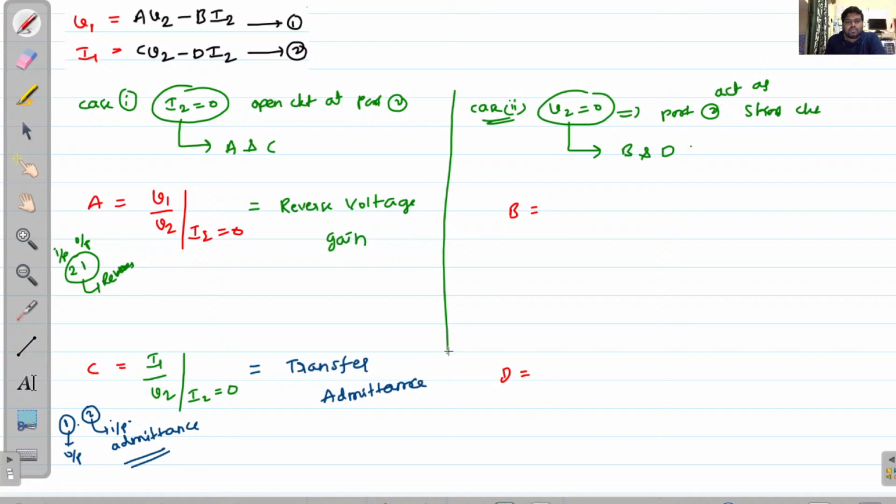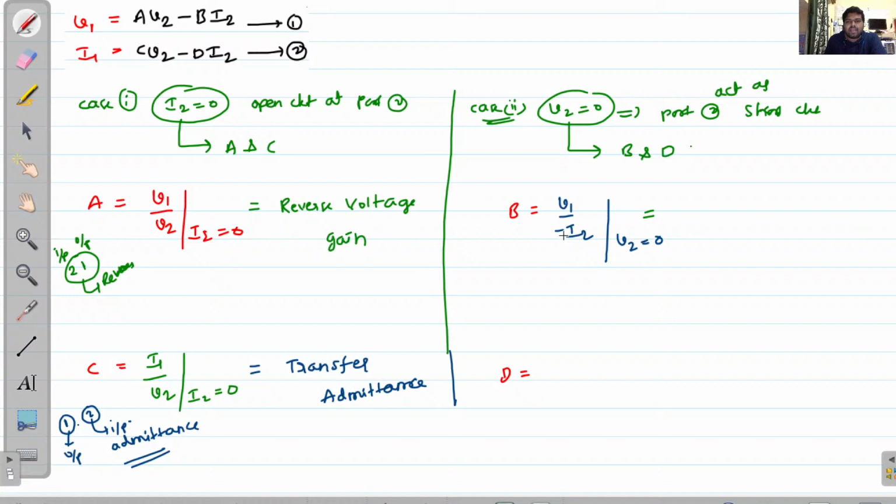And when coming to this one, B equals to what here? V1 by minus I2, right? If you make V2 equals to 0, from the first equation we are getting B equals to V1 by minus I2 only when V2 equals to 0. Now what is the name for this B? This is V by I format.